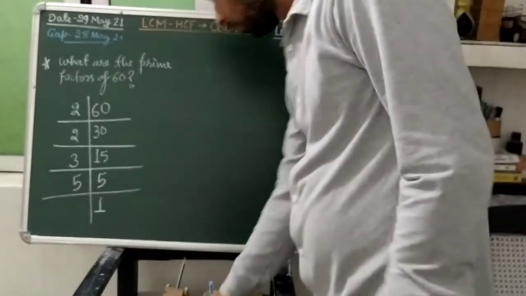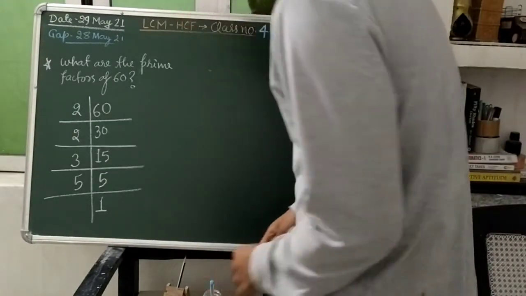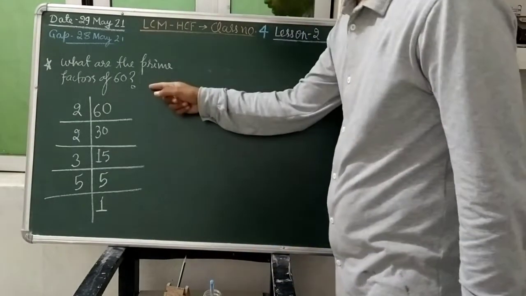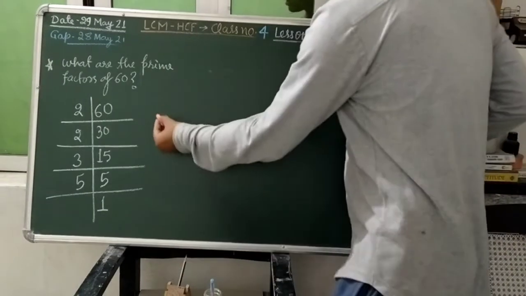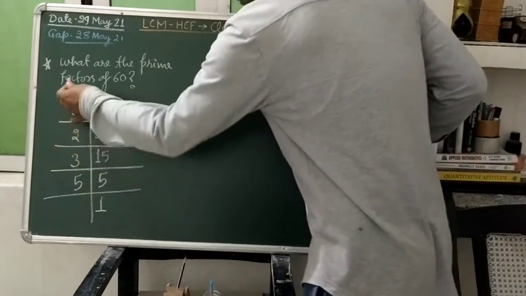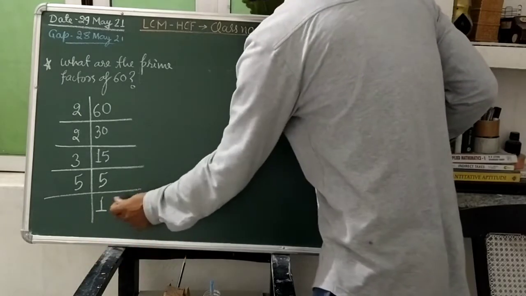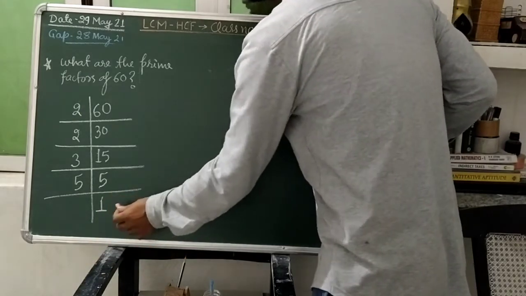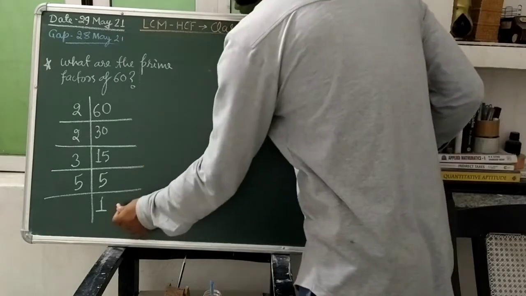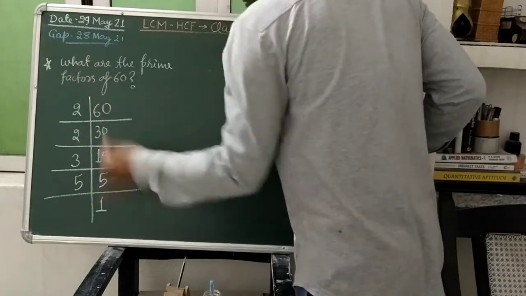So students, we are talking about the prime factors of 60. So look students, whatever number we select here, 1 we will not select. Until 1 is not coming, we shall start our procedure.